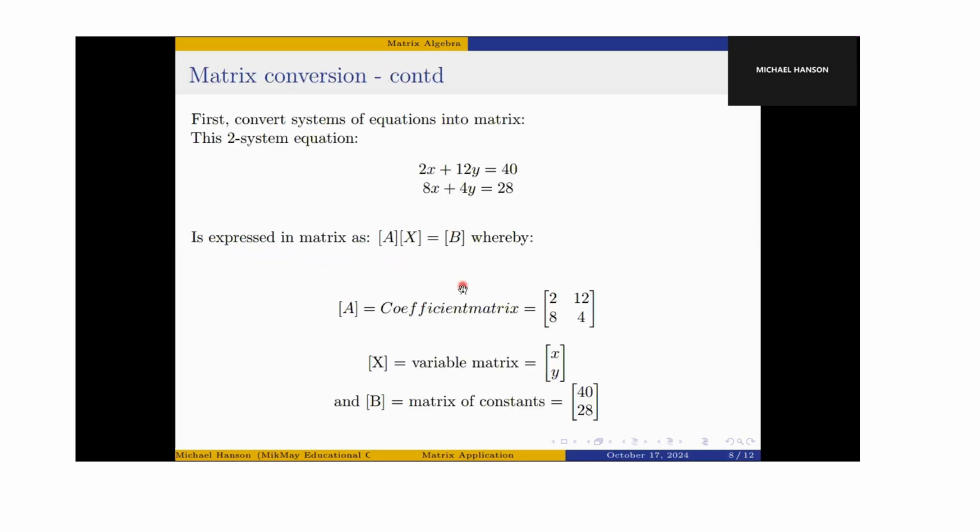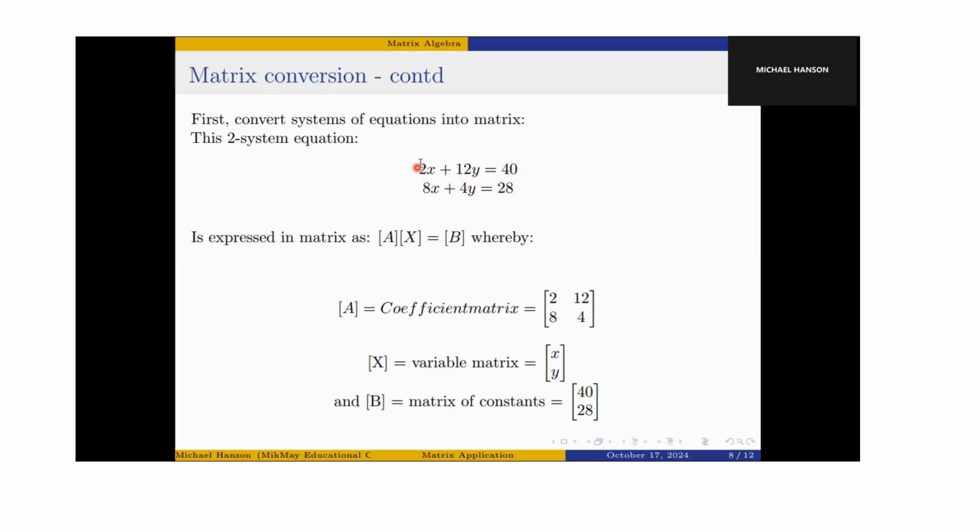Now, to start with, whenever you have systems of equations, this is the meaning. First, let's take these two systems of equations. To convert this into a matrix, we would have the matrix written as AX equals B. By looking at this, you could see A would be called the coefficient matrix, which is basically putting all the variables together, aligning them.